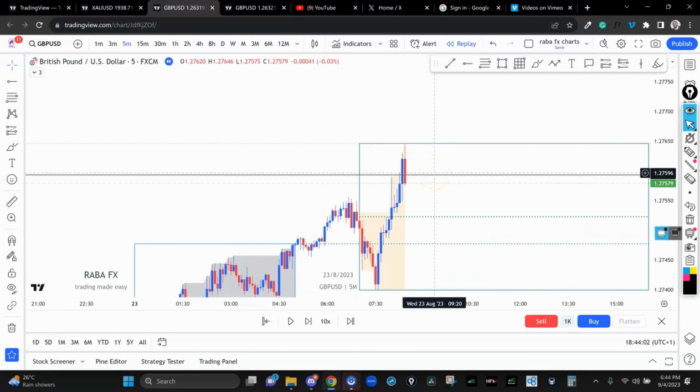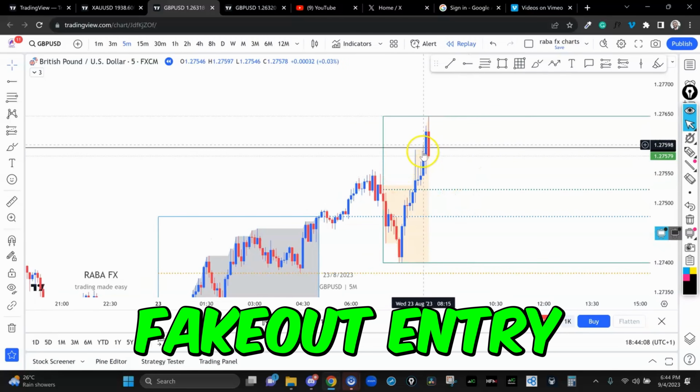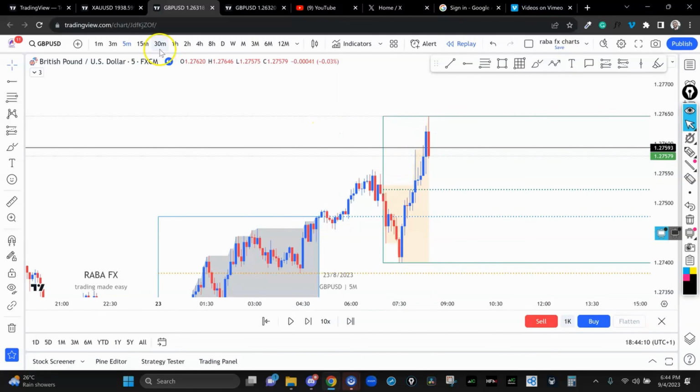This is an advanced entry that I want to show you here. When you have this push up, and probably that is your entry criteria here, then you see a fake out. When you see that fake out, this is what I call the fake out entry. Once this fake out candle closes, this is where you enter the trade from.